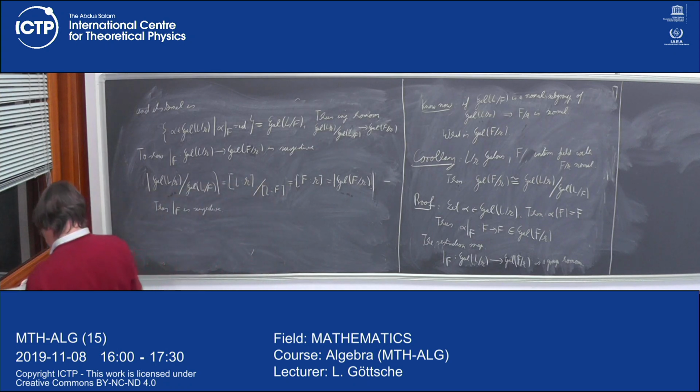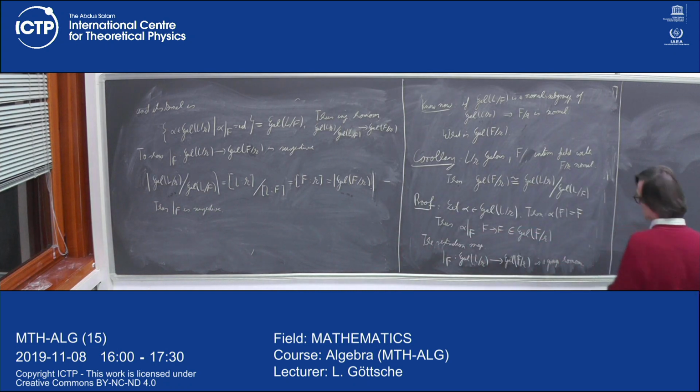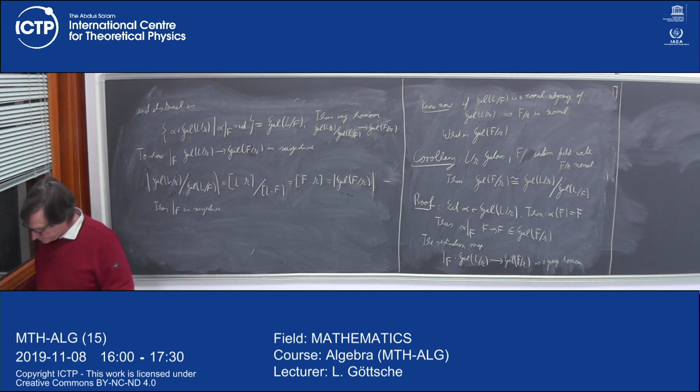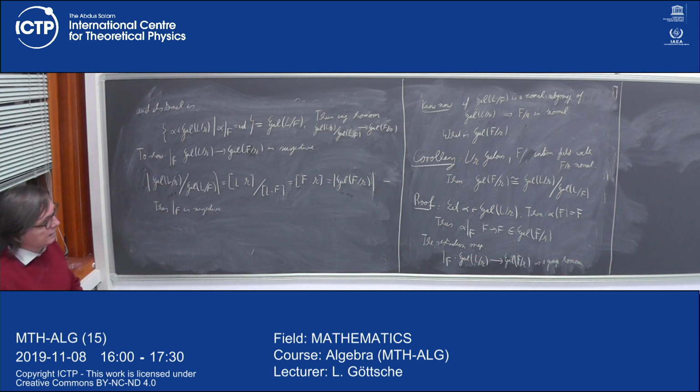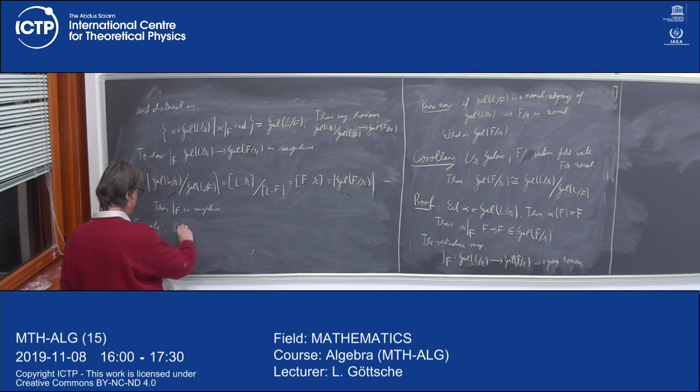Okay. Let's briefly look at a couple of examples of this correspondence to see how the subgroups correspond to the intermediate fields. So just two examples of Galois extensions that we have looked at. So the first example was this, we take Q, third root of 2, and e to the 2 pi i divided by 3.